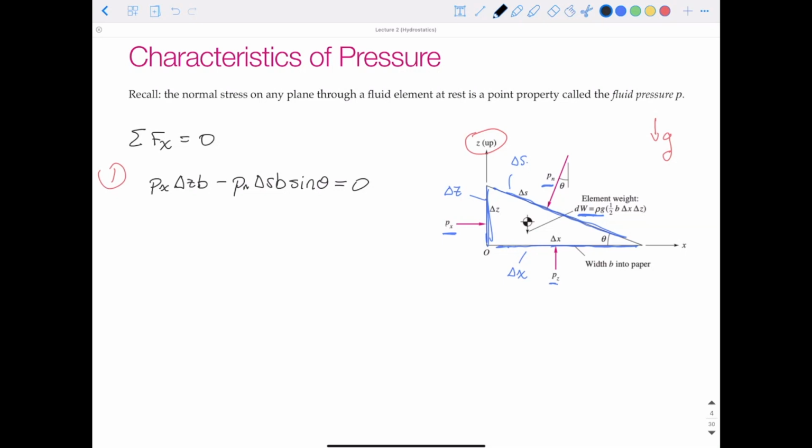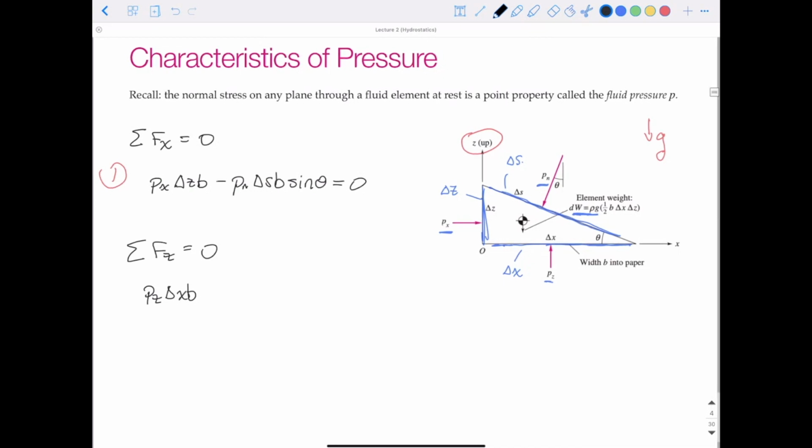So let's now do the sum of the forces in the Z direction. Sum of the forces in the Z direction equals 0. There are three forces now acting in the Z direction. So the first one we'll count as the positive upward force, Pz times delta X times B. The other force is the cosine theta component, or the vertical component, of our normal force Pn.